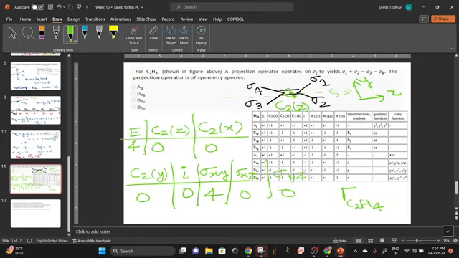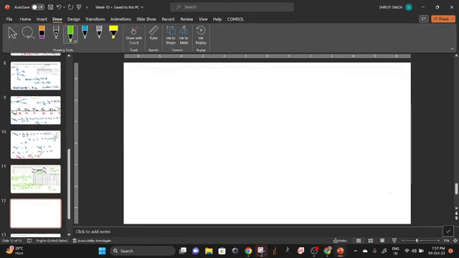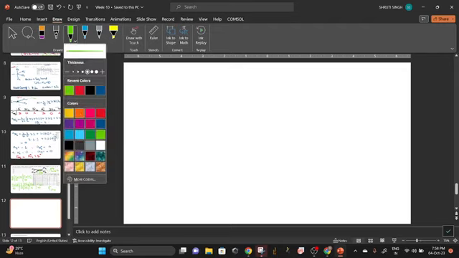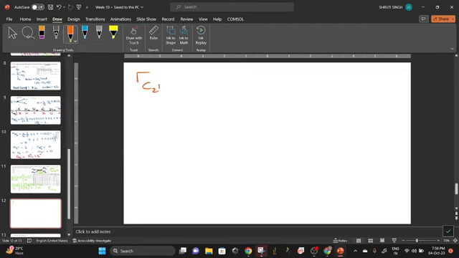So tau C2H4 will be equal to Ag plus B1g plus B3u. These irreducible representations come, four different symmetries.